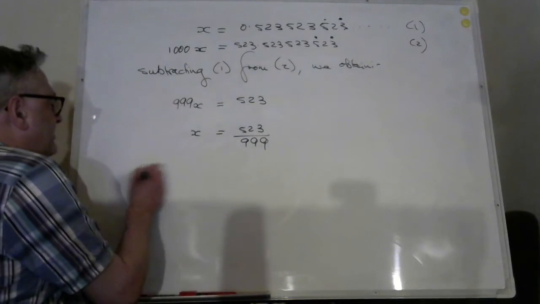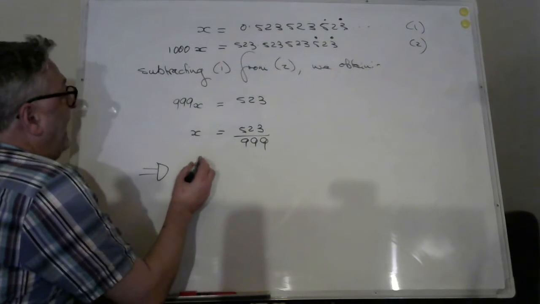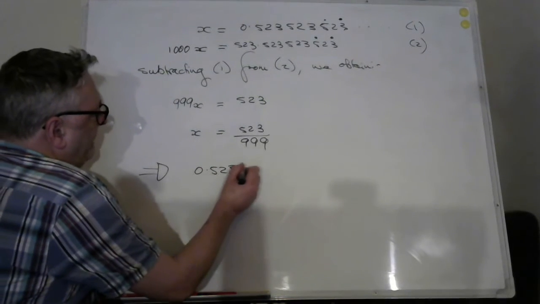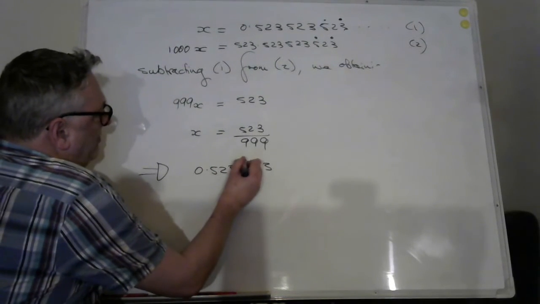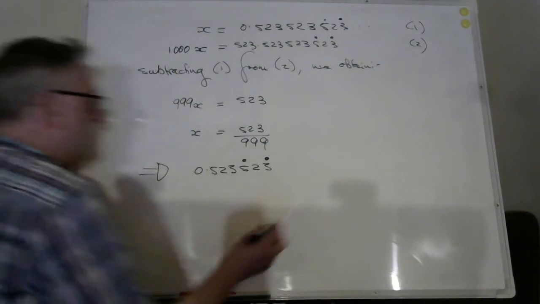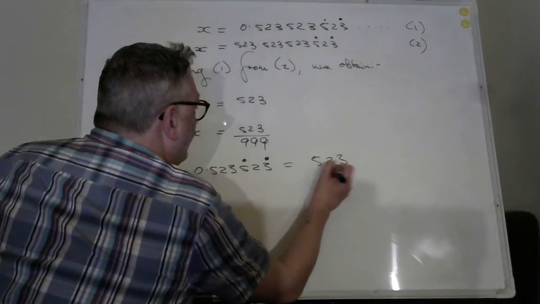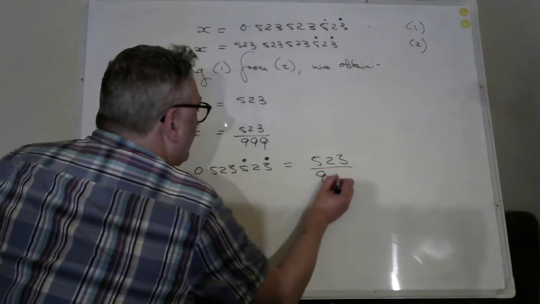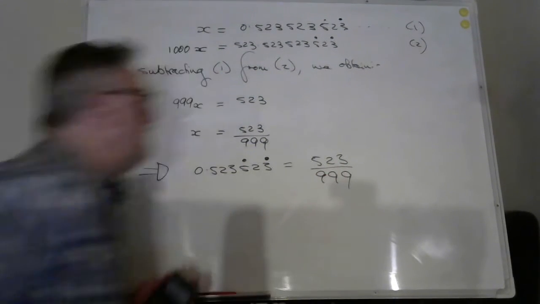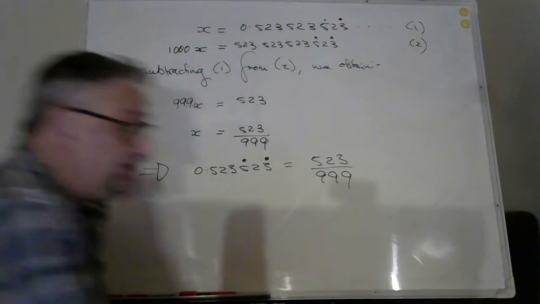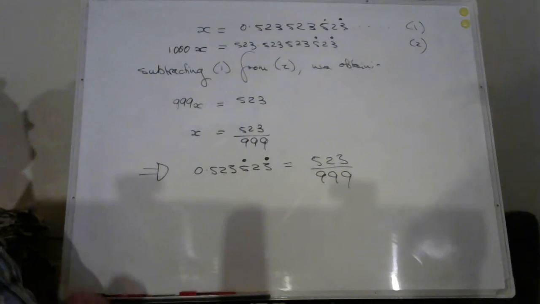So the implication is that 0.523523, we'll just truncate it there, is equal to 523 over 999. And you can do this with any repeating fraction.